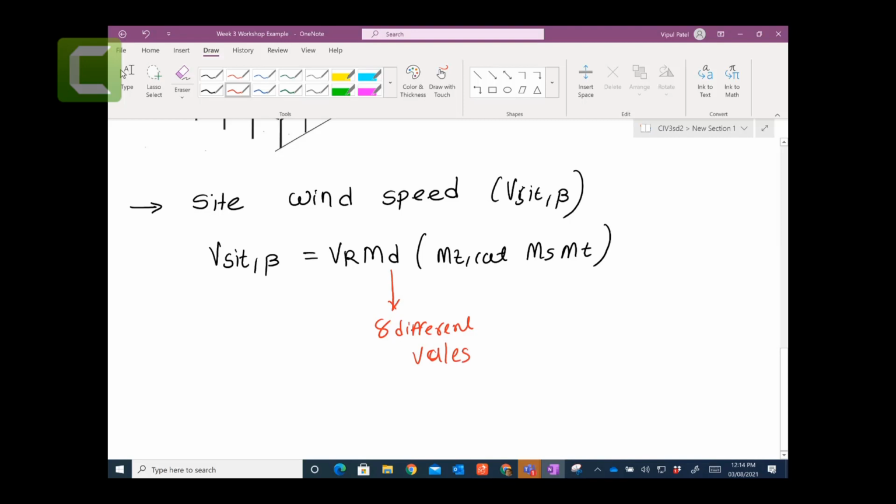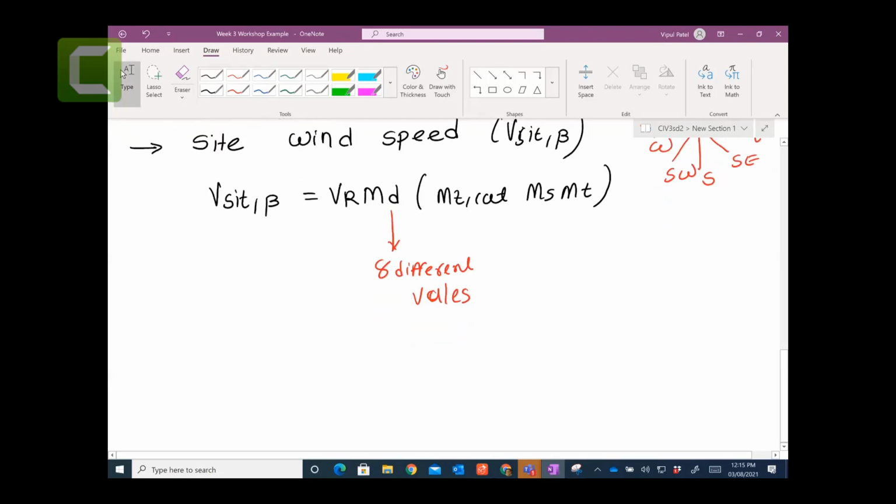It has 8 different values. Why 8? Because if you think of north, south, east, west, northeast, southeast, southwest, and northwest, that is 8 different directions. Therefore, we have 8 different values. Now this is called site wind speed. There may be 8 different site wind speeds that we are going to talk through.